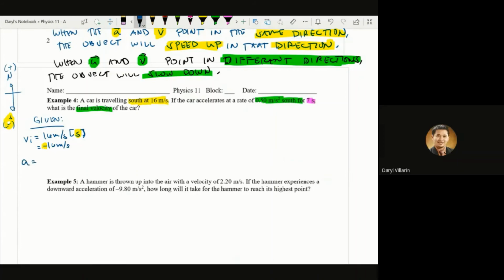So a would be 0.50 meters per second squared. It's again south, but in our computation, it's much better to use the negative value of that. Again, just replacing my south direction with the negative sign.